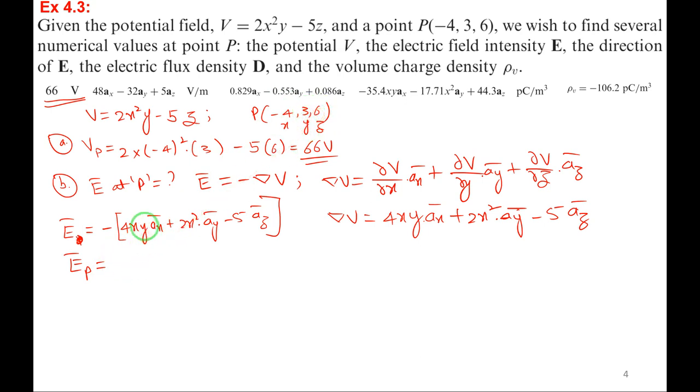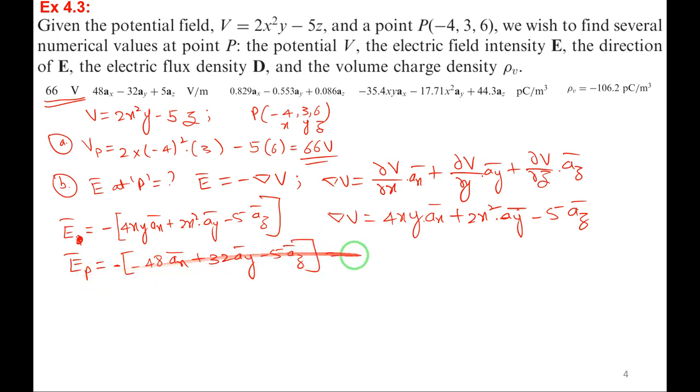So I'll calculate the first term. I will keep the minus outside, no problem. So 4 into x, y: 4 into x is minus 4, into y is 3, so I am getting minus 48 AX, plus 2x square: 2 into x square is 2 into 16, so 32 AY, minus 5 AZ.